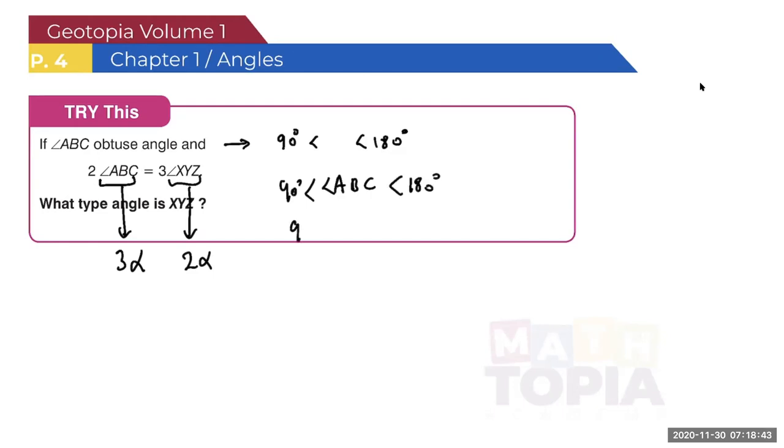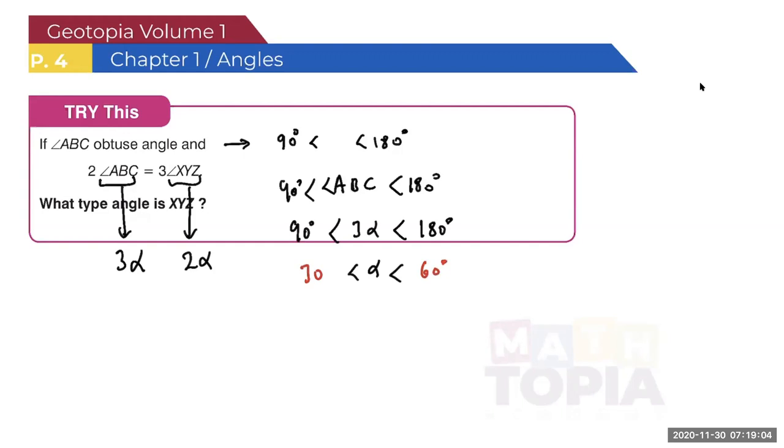Then the value of 3 alpha would be between 90 and 180. What about just alpha? You would divide everything by 3. It would be between 30 degrees and 60 degrees.